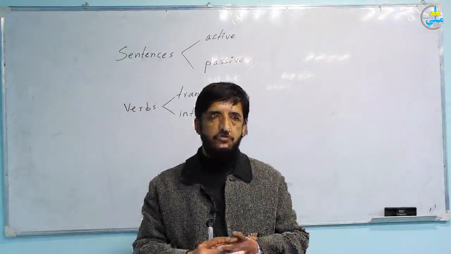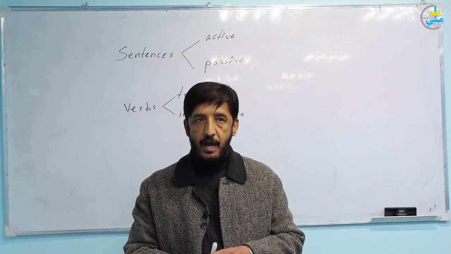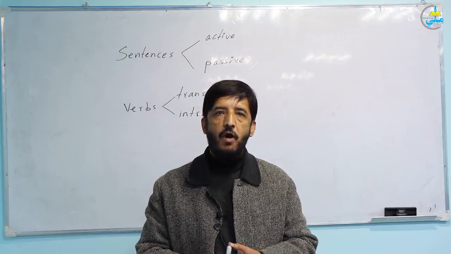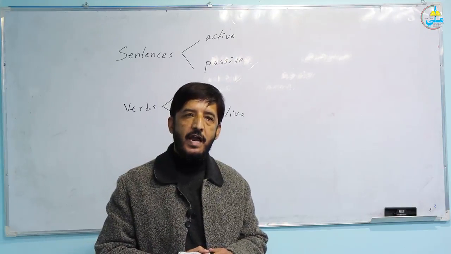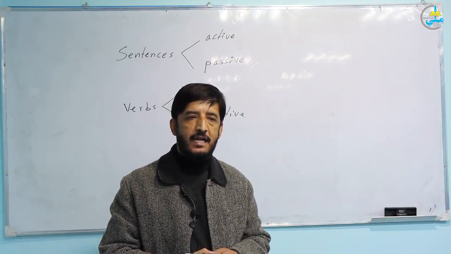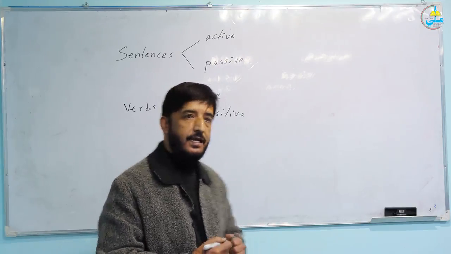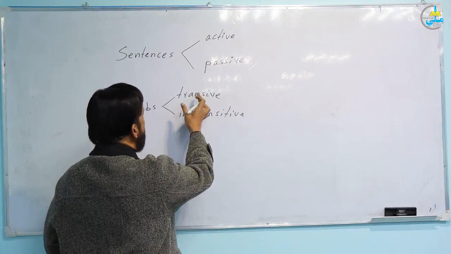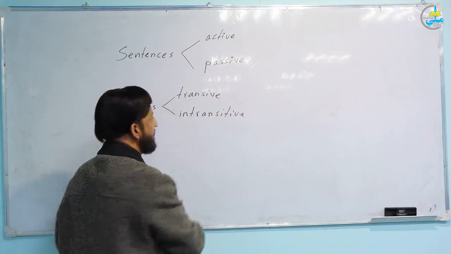Transitive verbs are those verbs which require an object, and intransitive verbs are those verbs which don't require an object. So we can change those sentences into passive which have objects. That is, we can change an active sentence to passive when its verb is transitive.